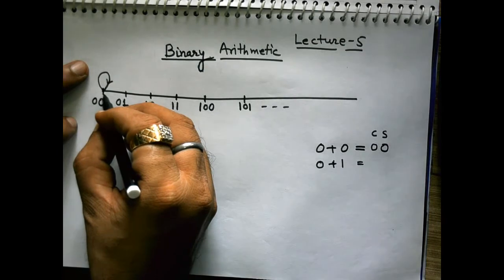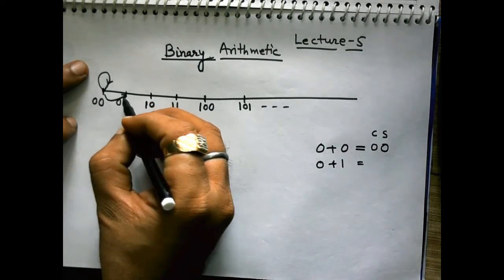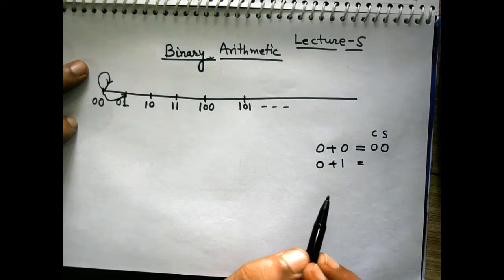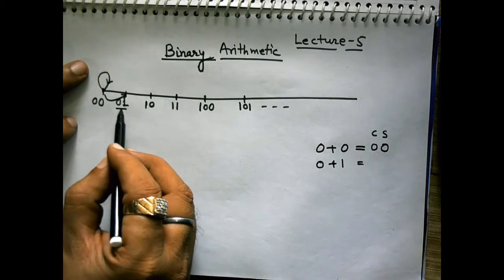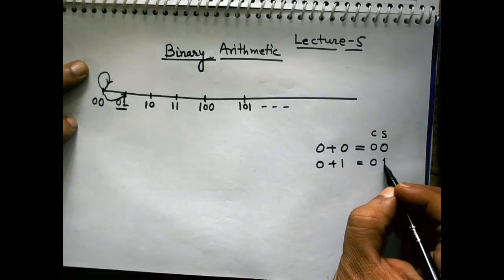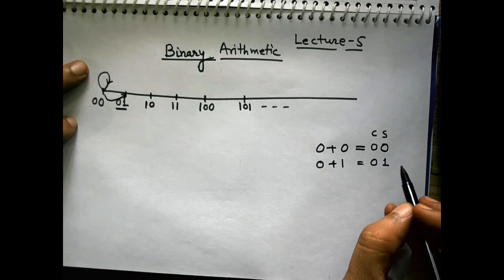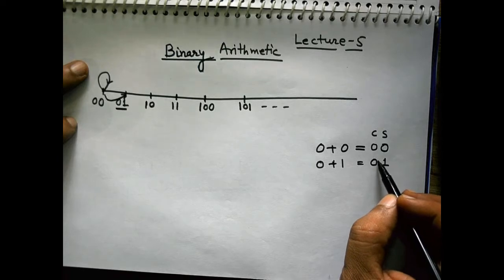If we add, for example, 1 with 0, this means that on the number line it is equivalent to moving one step to the right hand side. Starting from 0, we move one step to the right and reach this point, means 0, 1. This tells us that the sum is 1 and carry is 0.